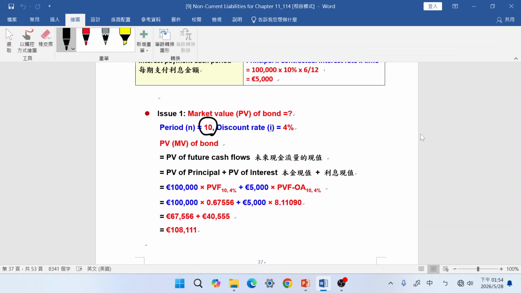So first issue, what's N, what's I? 10 is N, what's I? 4%. So based on N is 10, I is 4%, how much money can you borrow?